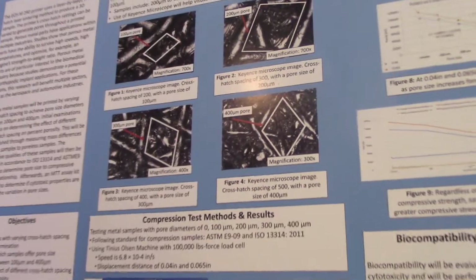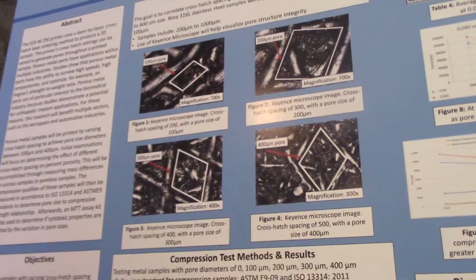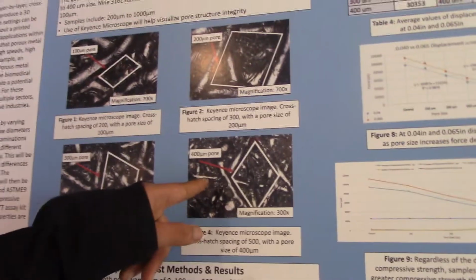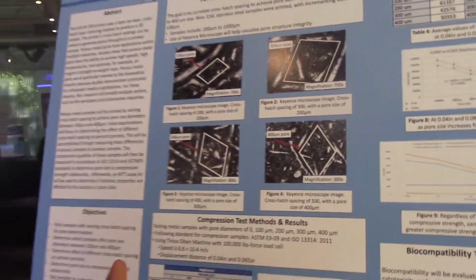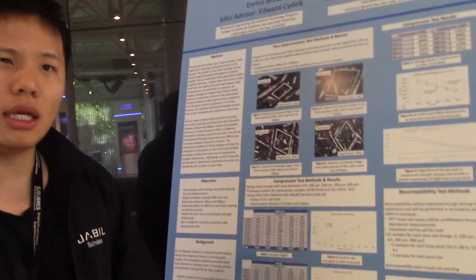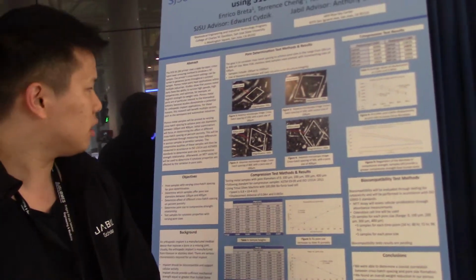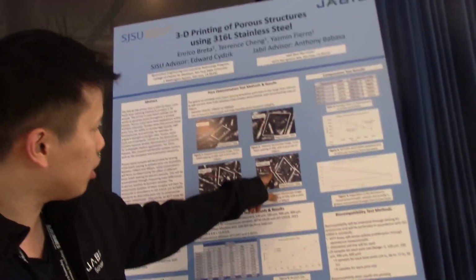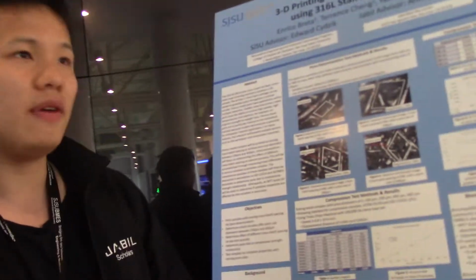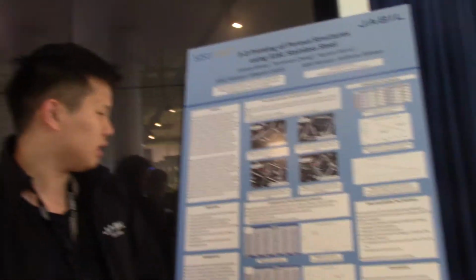But one issue that we had with these samples, which you might not be able to see here, is that as you increase the crosshatch spacing, the structure started losing integrity, and you can see that by the inconsistent melting. There was a lot of metal powder that wasn't melted completely, which affected the overall surface structure of the sample.